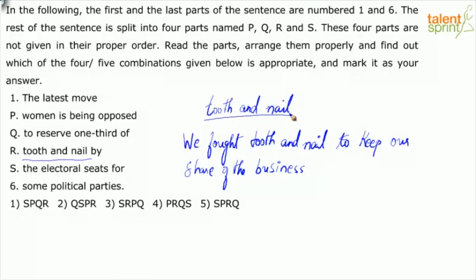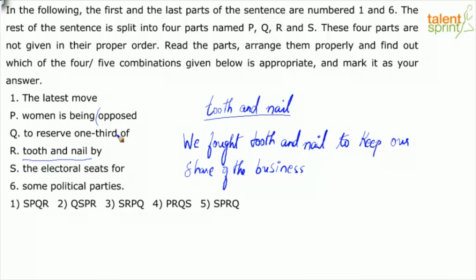To reserve. So another strategy that you can follow is to identify the subject, identify the action, and then connect and create the sentence. So the latest move to reserve 1/3 of who? Women is being opposed. How is it opposed? Tooth and nail by some political parties. And then you have the electoral seats.